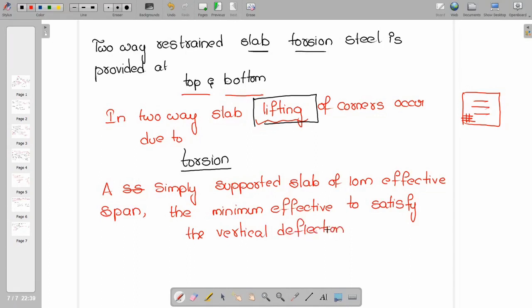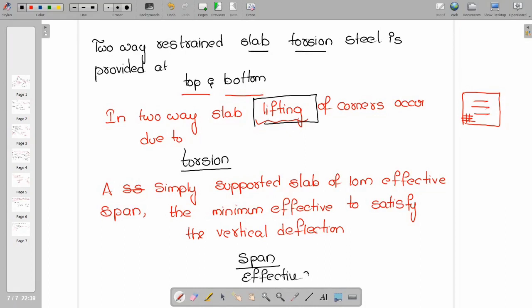Can anyone tell me, students? Now see, minimum effective depth is asked. So span by effective depth up to 10 meter is equal to what, sir?